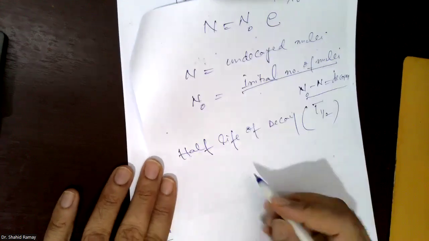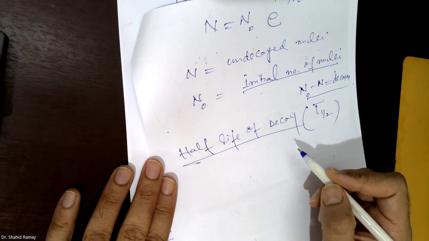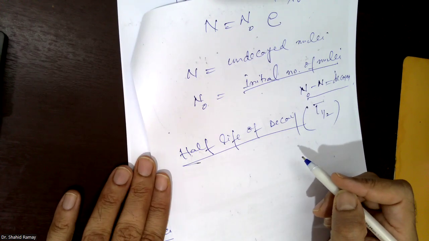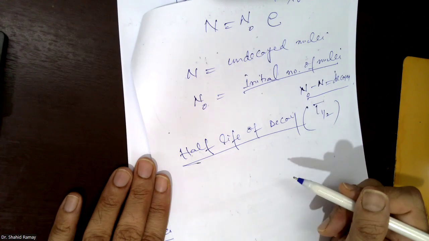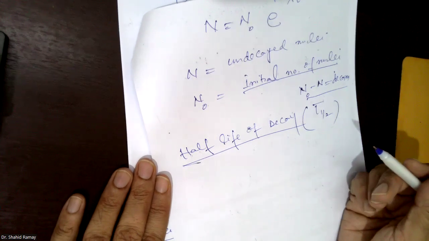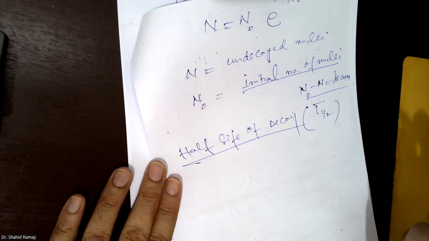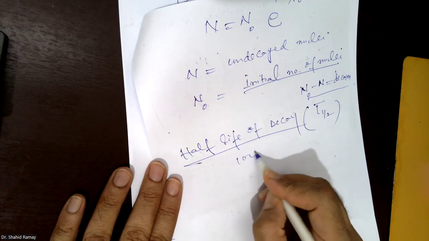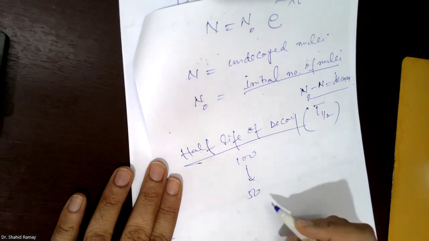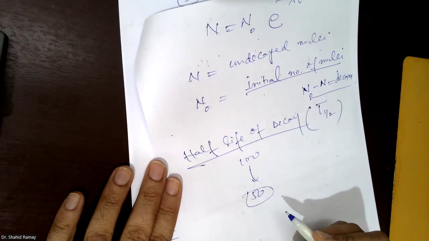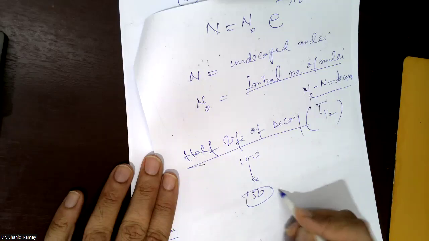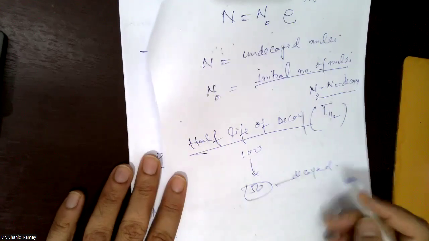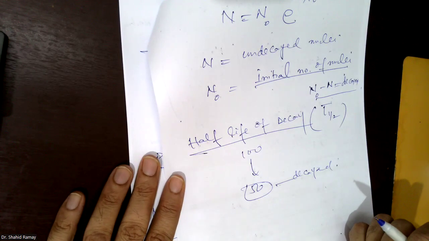T half means half-life of decay, in which half of the nuclei decay and half remain undecayed. So if you have a total of, suppose, 100 nuclei, and from 100 to 50, this is half. It is decayed. How much undecayed? Surely 50 undecayed.